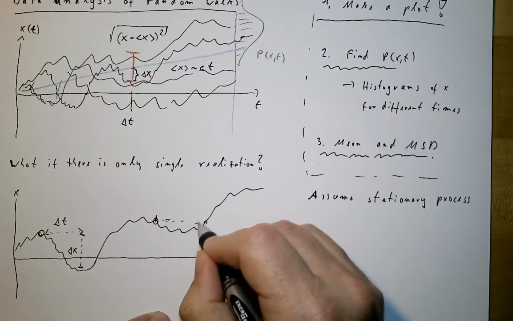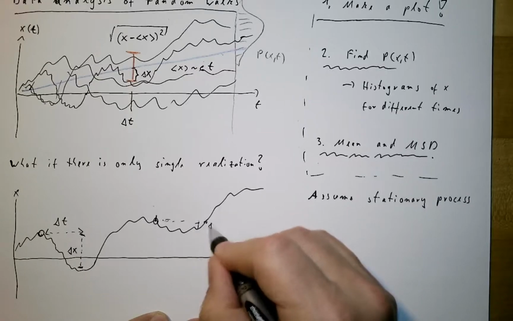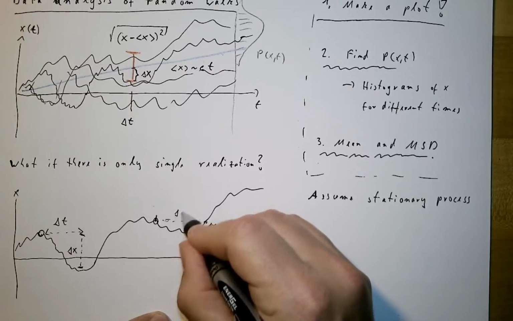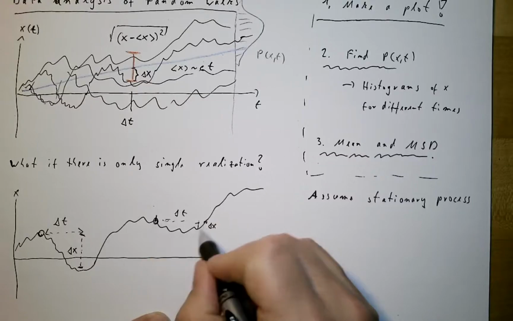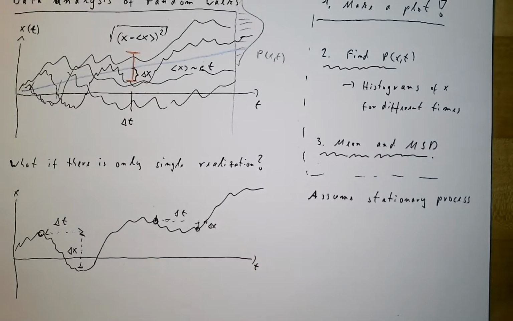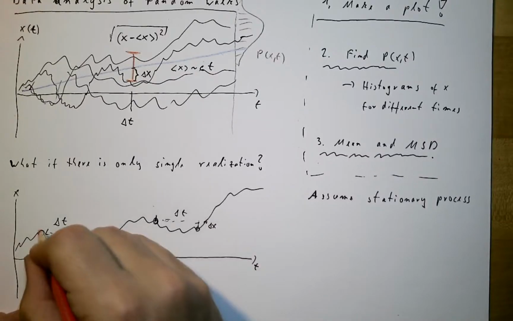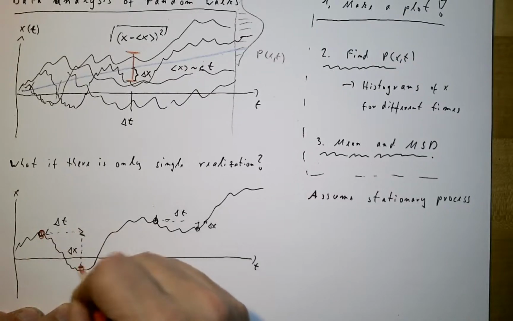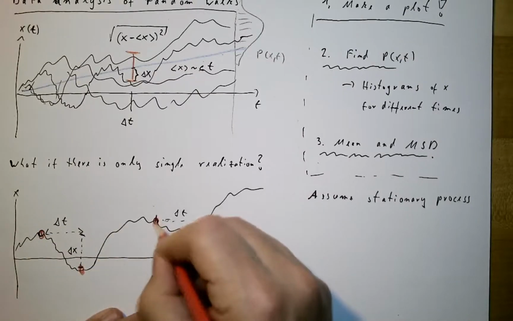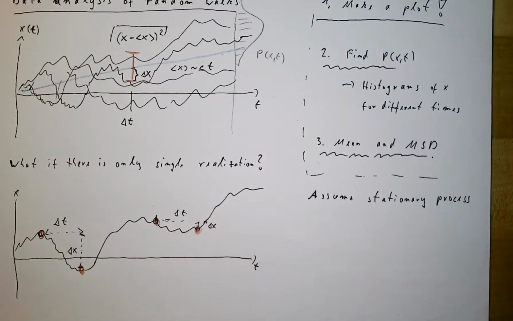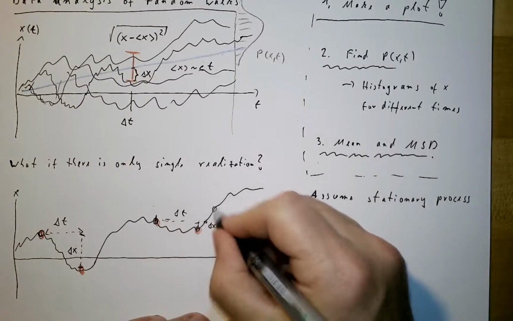So here, maybe if I go here, then I see this delta x would be very small when I have this point and this point. So I started here with these 2 time points, and then I have these 2 time points, and now I can take, for example, this starting point.